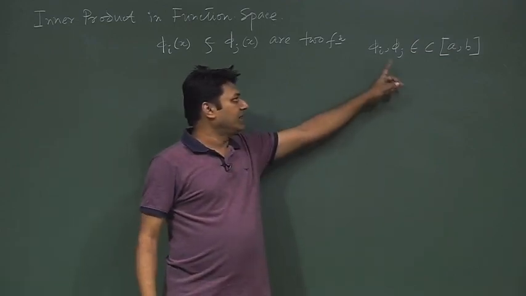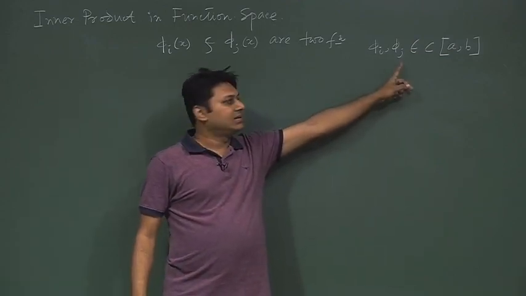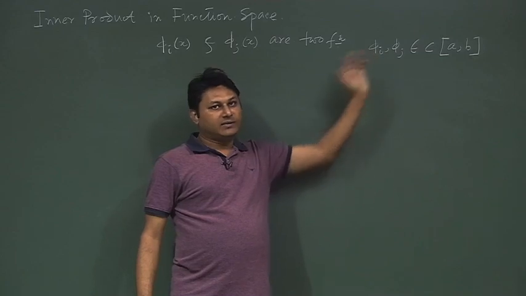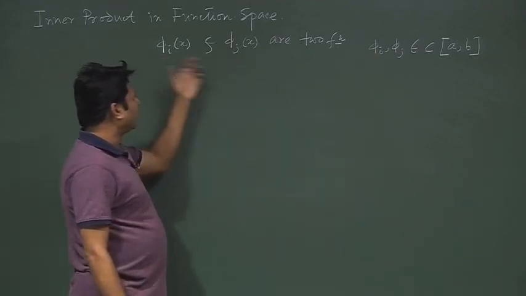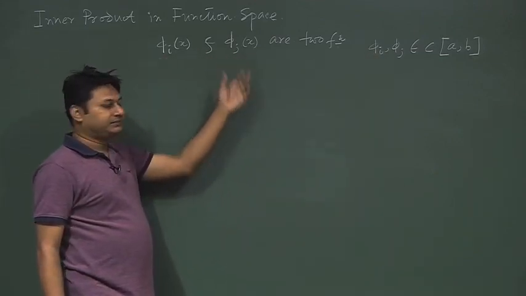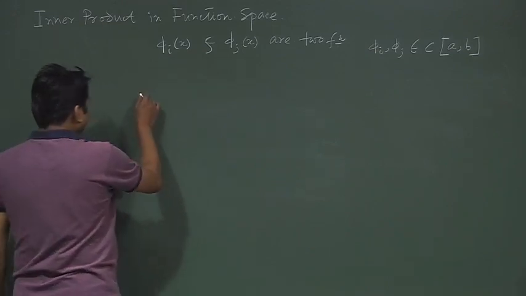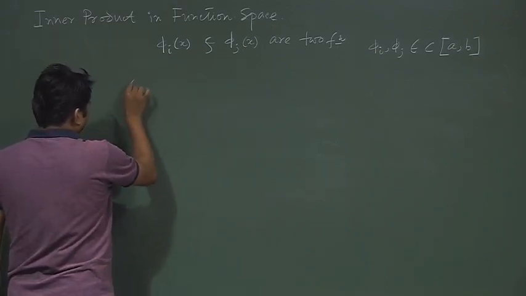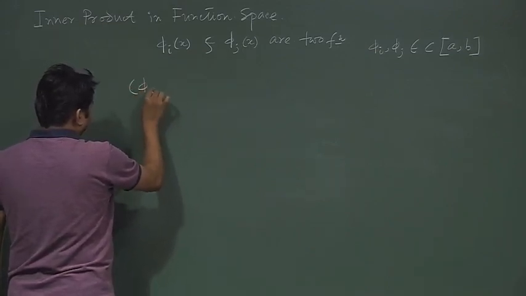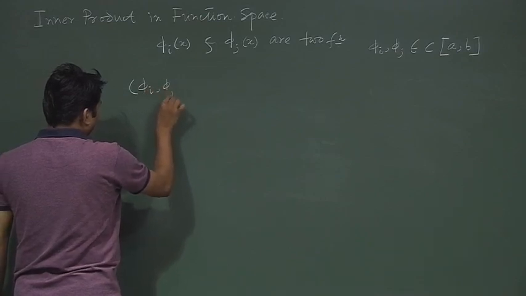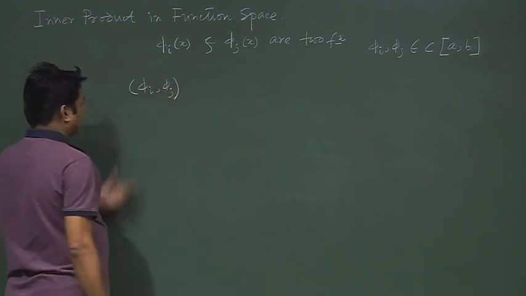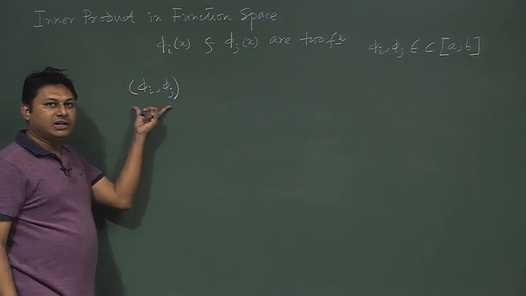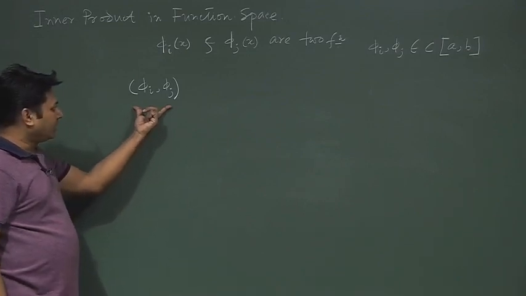Phi i and phi j both are continuous in some interval a b. These two functions are like these two vectors. So I can define it in this way, phi i phi j in the bracket. This is the definition of the inner product in function space.